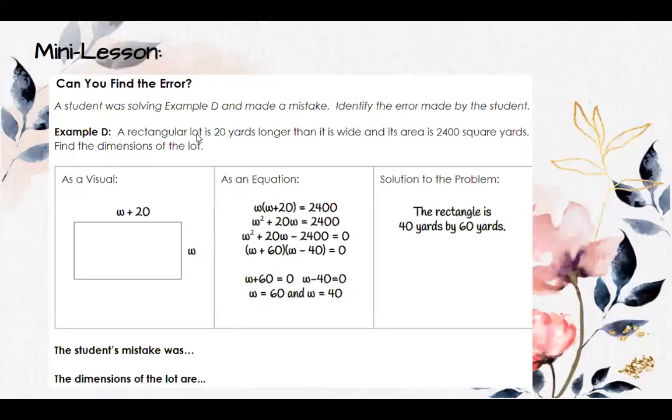A rectangular lot, like a parking lot, is 20 yards longer than its width, and its area is 2,400 square yards, my bad. Find the dimensions of the lot. So let's start by saying, is their picture correct? Yeah, their picture is correct, right?